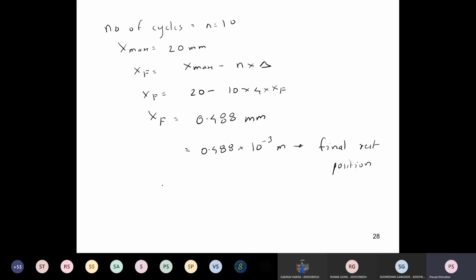Now the damping force F is equal to k into xf, and that comes out to be 1.196 newtons.